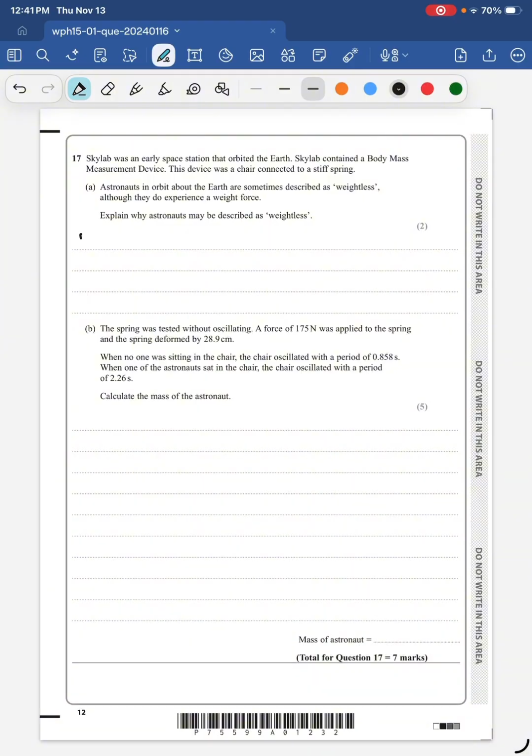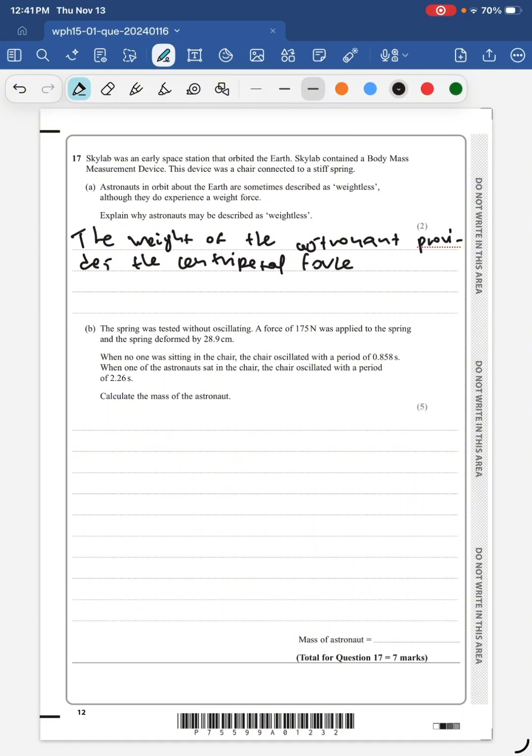The weight of the astronaut provides the centripetal force that keeps him or her in orbit.